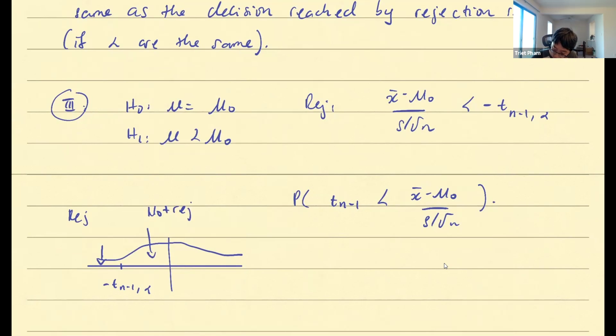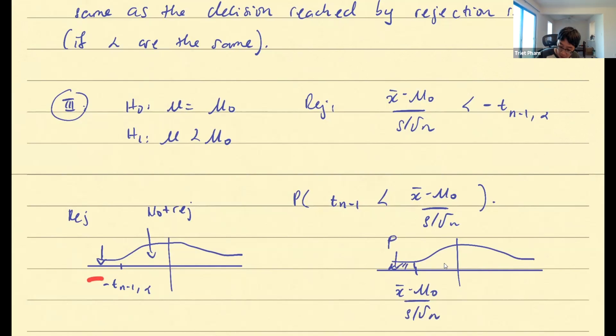On the other hand, in terms of p-value, this is supposed to be this value, and this is your p. The point is it points to the same region anyway, but these play different roles.